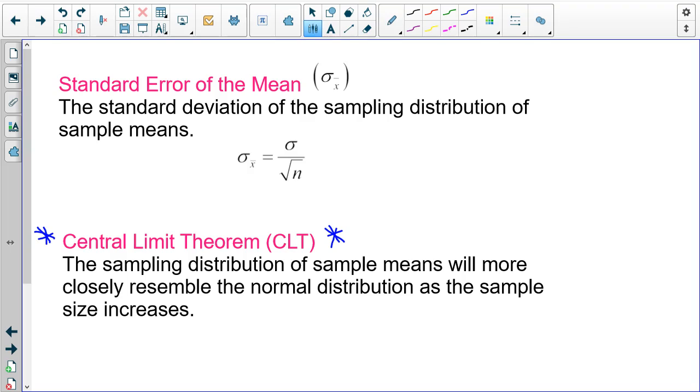If you take a sample of size 5 and do it again, and you put those means together, it might look approximately normal. But if you take a sample of size 20 again and find those means, it's going to be closer to normal than the one with sample size 5. That's what the central limit theorem tells us, okay?